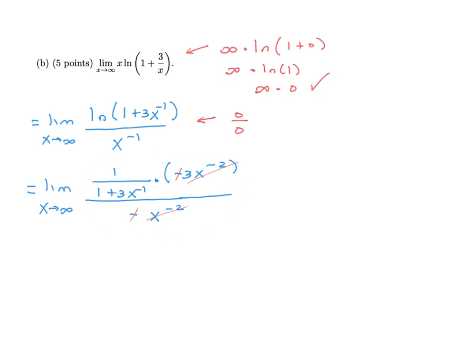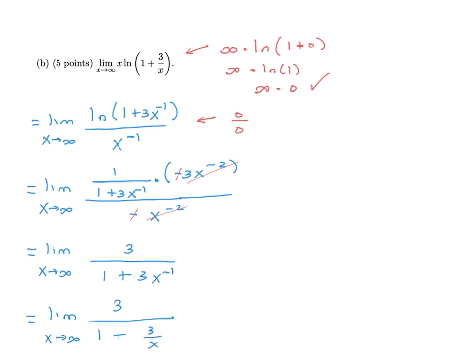If we simplify this whole thing, this is the limit as x goes to infinity of the single fraction, 3, divided by 1 plus, and we have 3x to the negative 1, which, if you'd like, you can put that back as a fraction. That's 3 over 1 plus 3 over x.